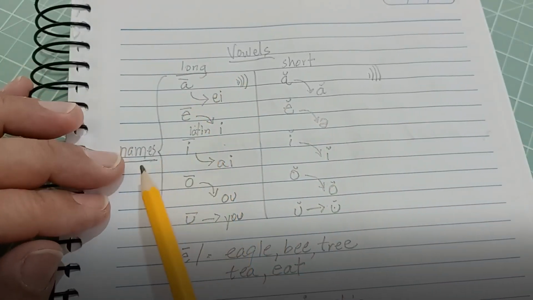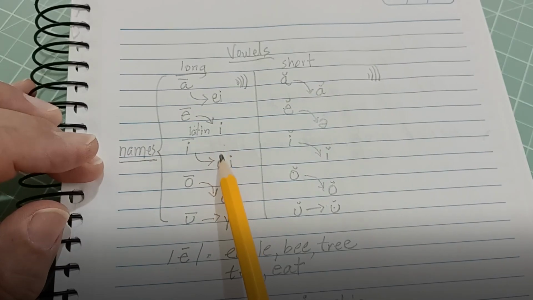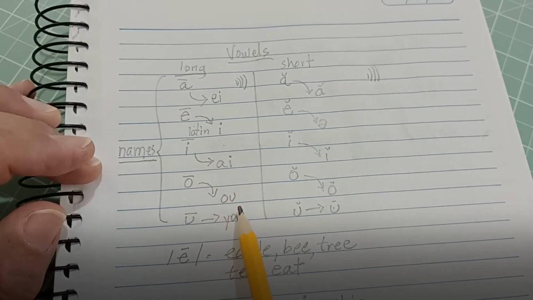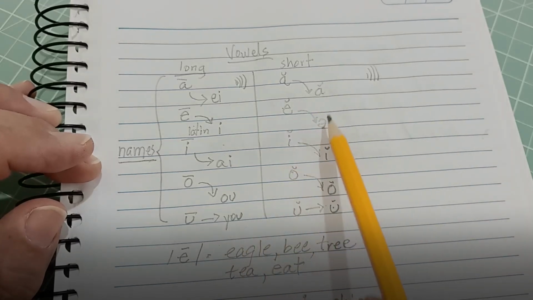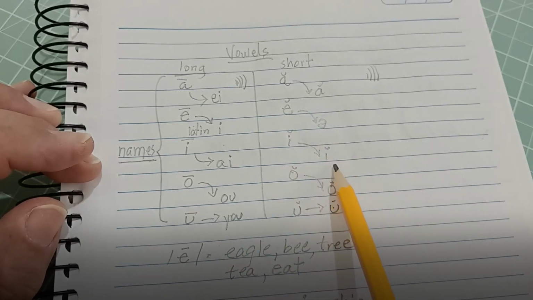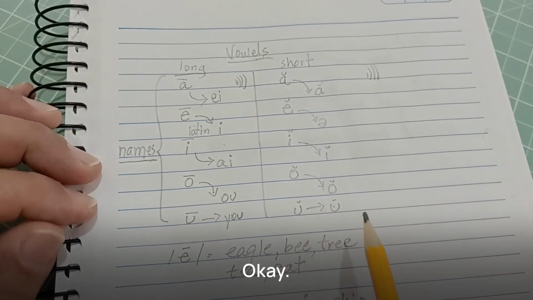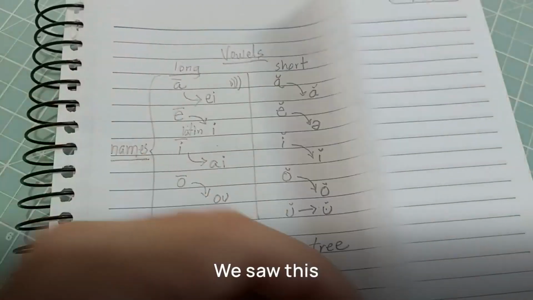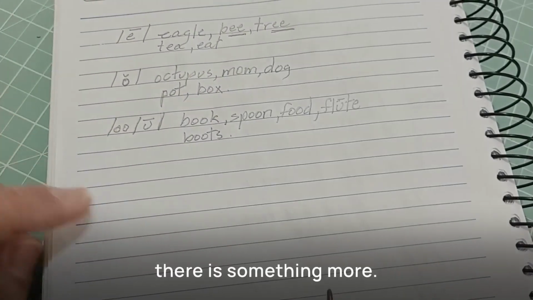Their names are A, E, I, O, U. The short vowels A, E, I, O, U. Okay, perfect. So we saw these 10 vowel sounds in English, but there is something more.